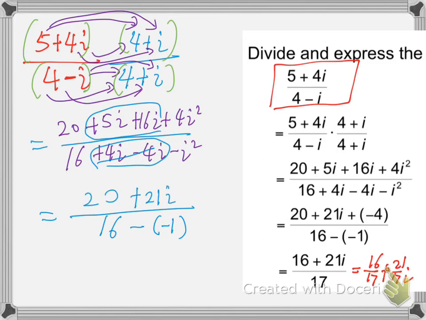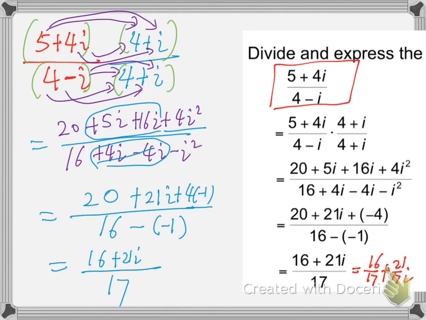And then we have 20 plus 4 times negative 1, since i squared is negative 1. So we get 20 minus 4, 16, plus 21i. The denominator is 17. So this is the division of complex numbers.